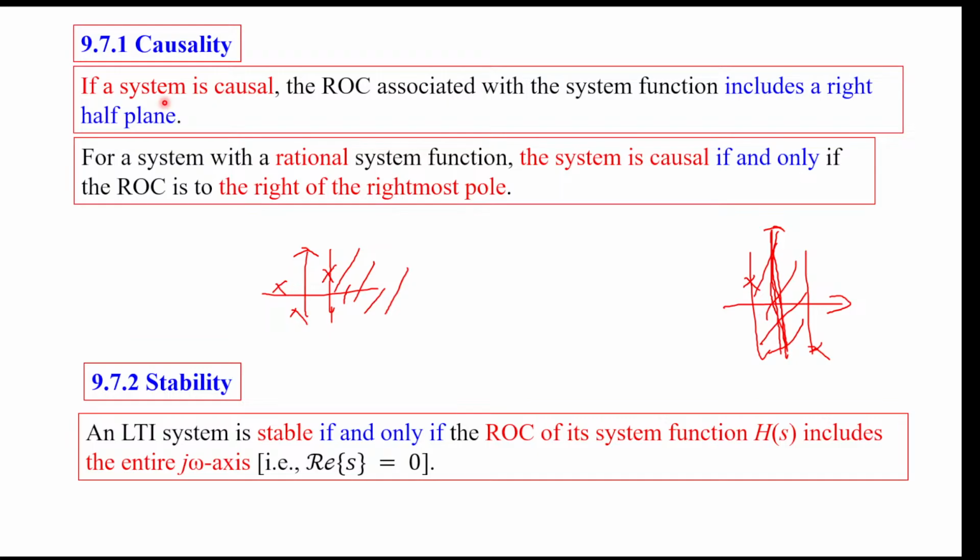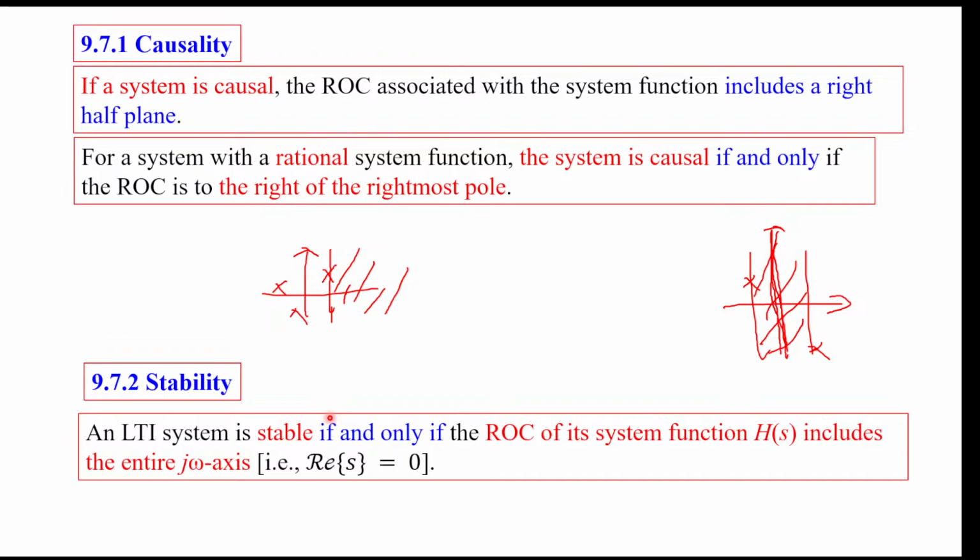But if your system is not rational, then only one direction is true: if it's causal, then the ROC is right-sided, but if it's right-sided it's not necessarily causal. And for stability, we have an if-and-only-if condition: your system is stable if and only if the ROC includes the jω axis. Okay, and I think that's all I want to talk about today.